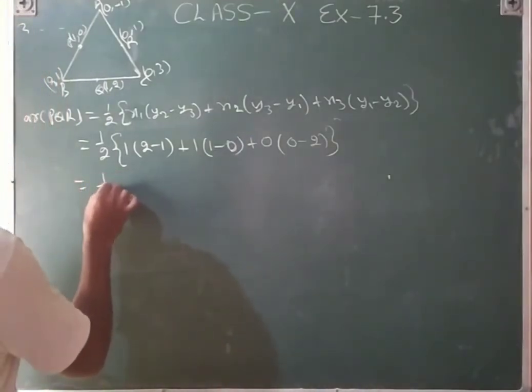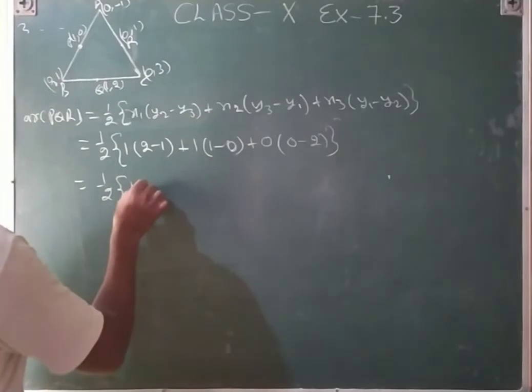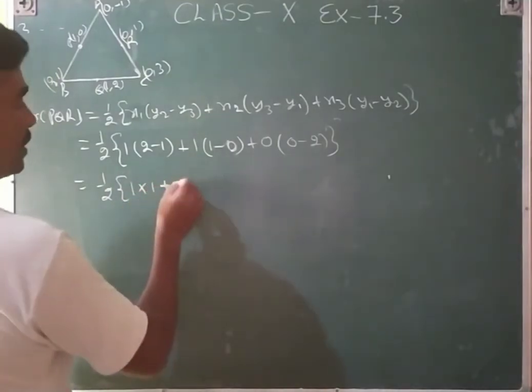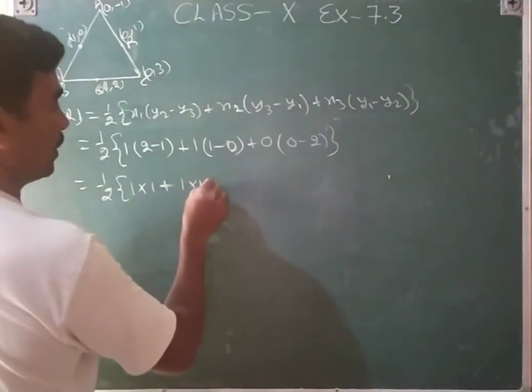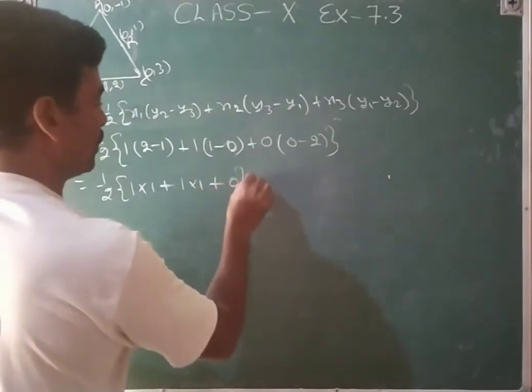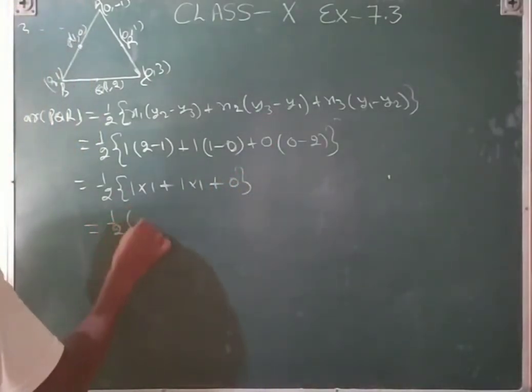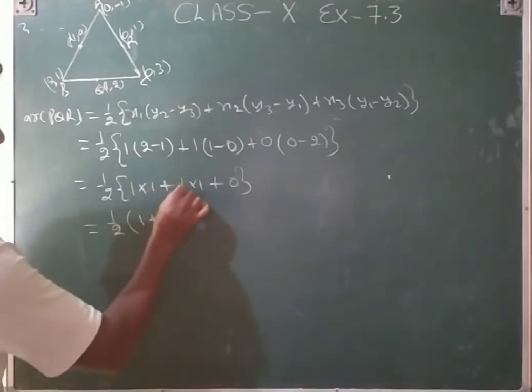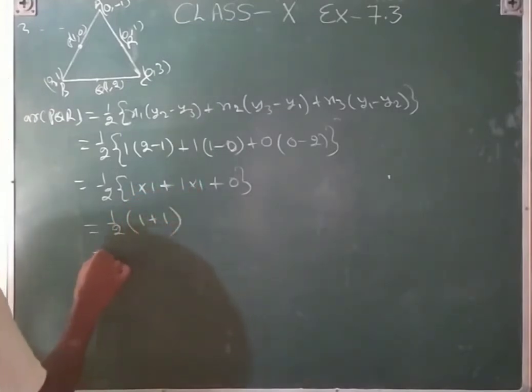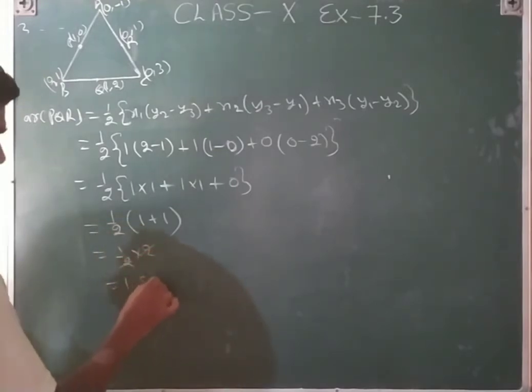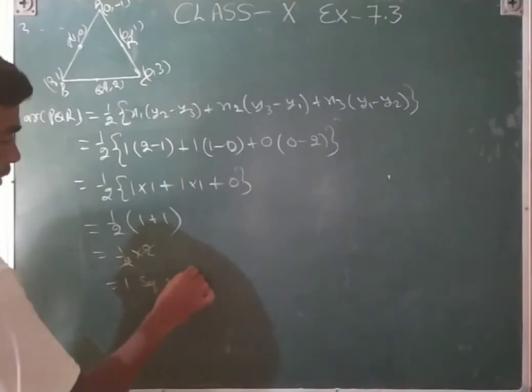So 1 upon 2 into 1 multiplied by 1 plus 1 multiplied by 1 plus 0. So 1 upon 2 into 2, that is 1 square unit.